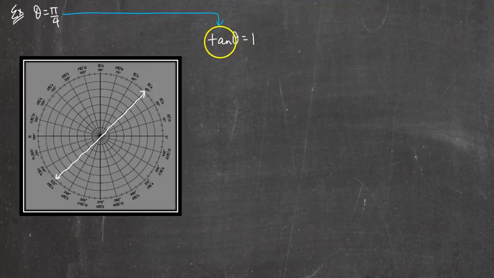Tangent itself as a function is y over x, opposite over adjacent. And if that equals 1, then I can solve for y and I get y equals x.